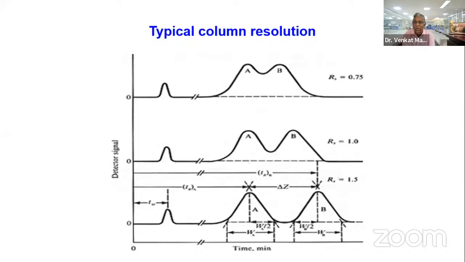The resolution is 1.5, which is what the FDA insists on. Your separation is excellent. Good. I now know a little bit about the properties which play a role in column separation. I know the theory. I know what a theoretical plate is.